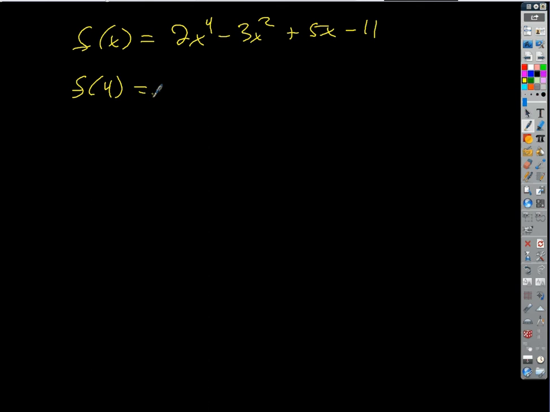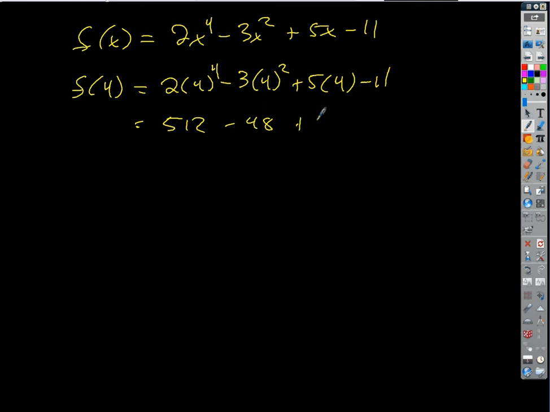If I want to evaluate this directly, I'm going to plug 4 in for x everywhere. Well, those are big numbers. 4 to the 4th, that's 4 squared squared, so it's 256, times 2 is 512, that first term. Those are big numbers you're dealing with. 4 squared is 16, minus 48, plus 20, minus 11.